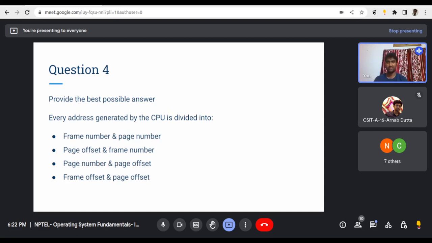Every address that is generated by the CPU is divided into: frame number and page number; page number and page offset; frame number and page offset; or frame offset and page offset. So would anyone like to contribute? What is the address that is generated by the CPU actually called?